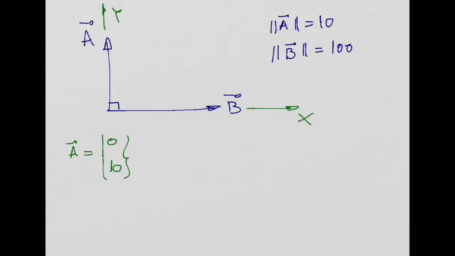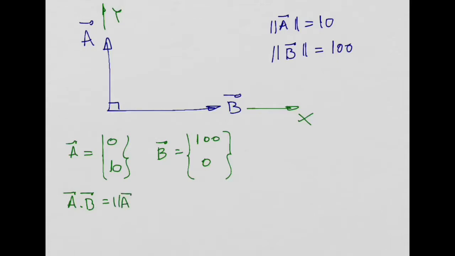My vector B only has a component in the x direction, and that component is the norm of B, which is 100. So this will be 100, 0. Okay? Everybody's following?